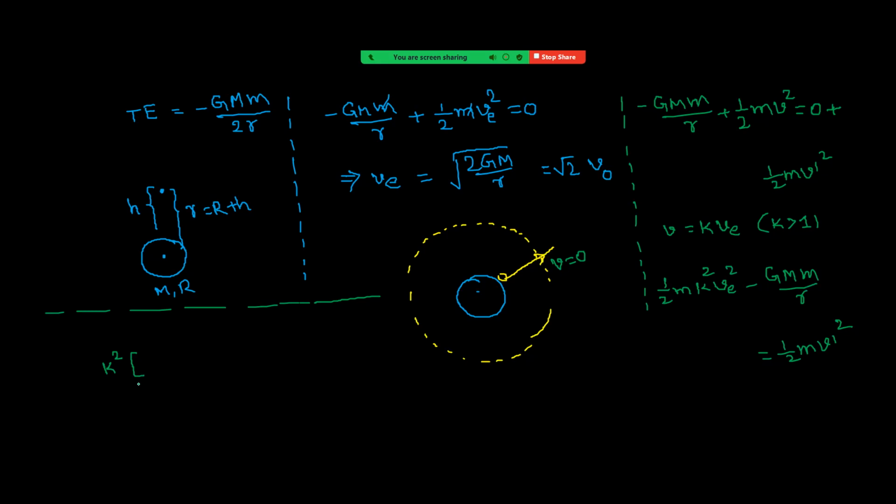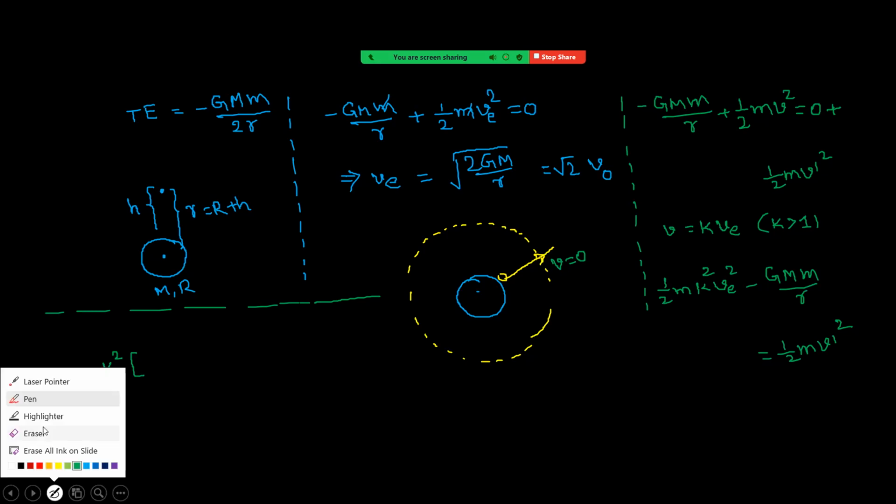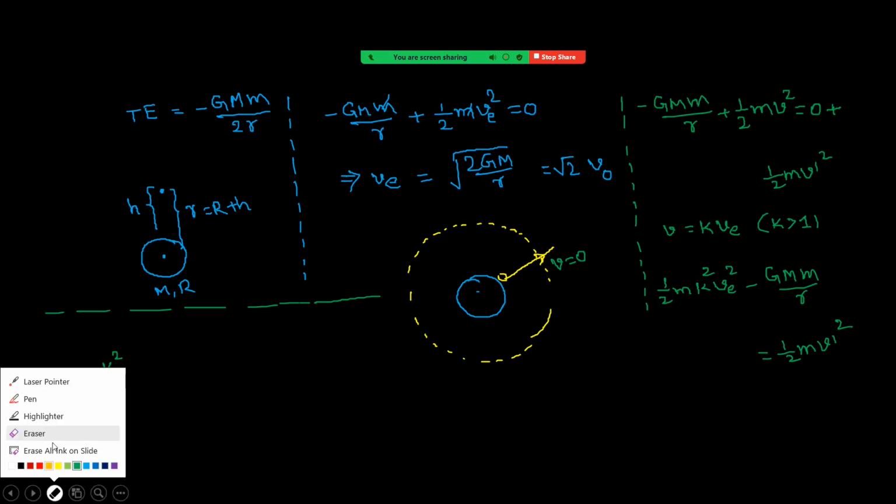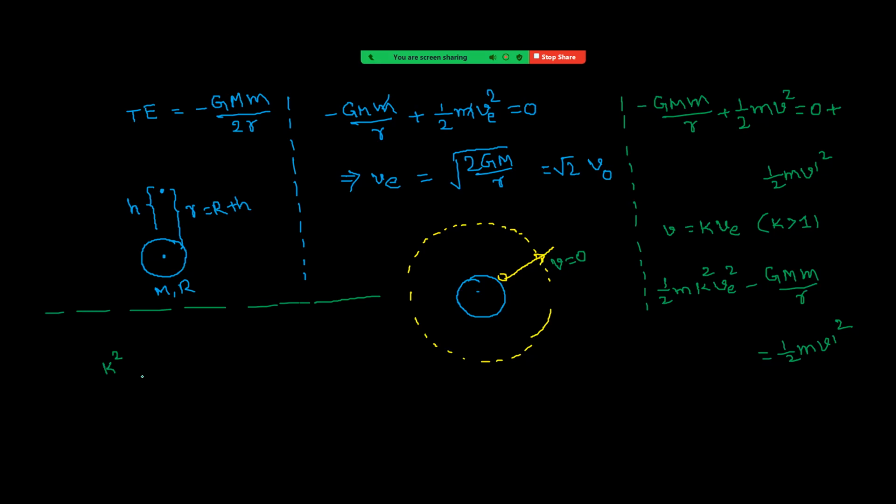I can take here k square minus 1 in the place of half m v square.